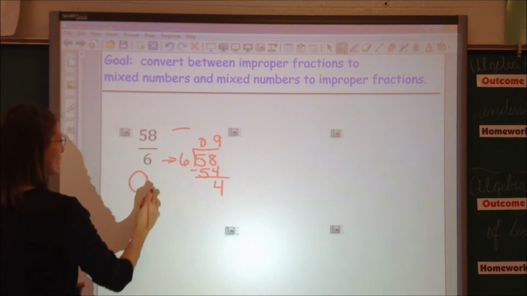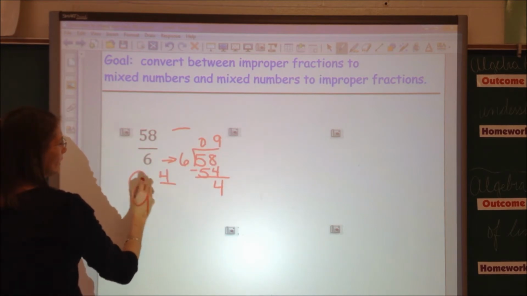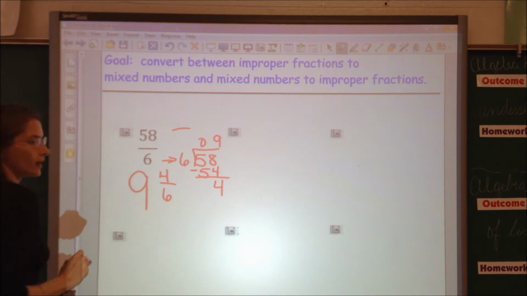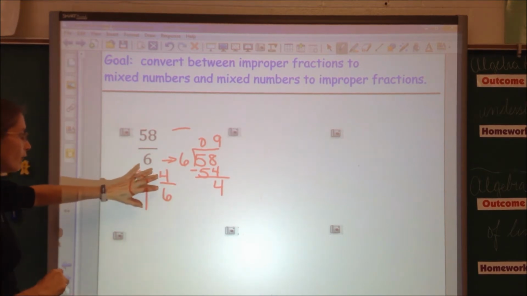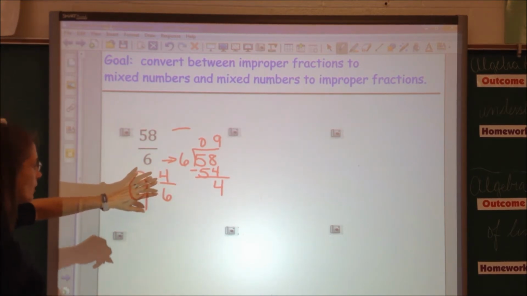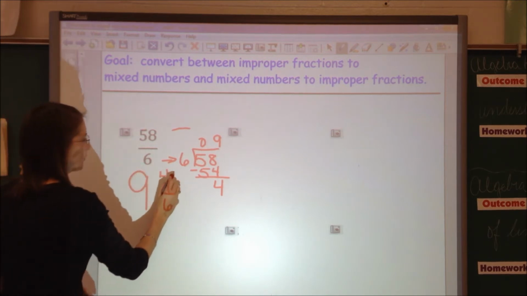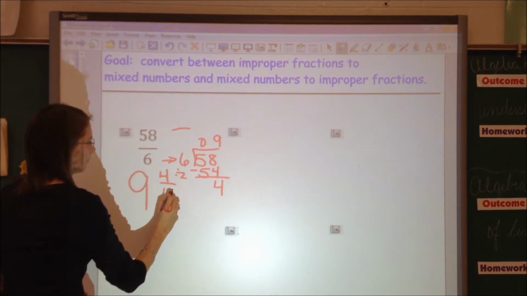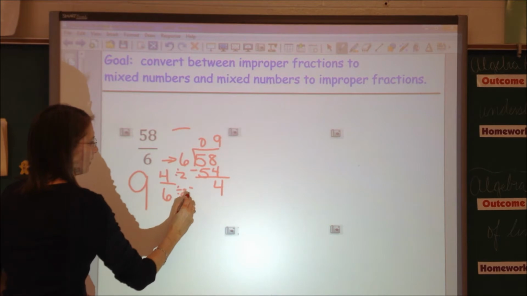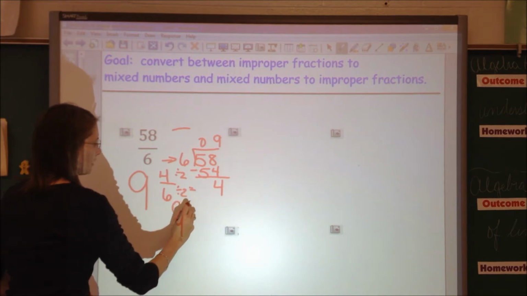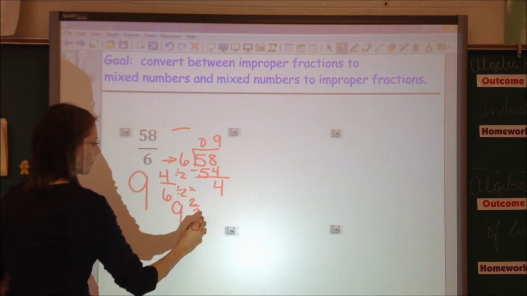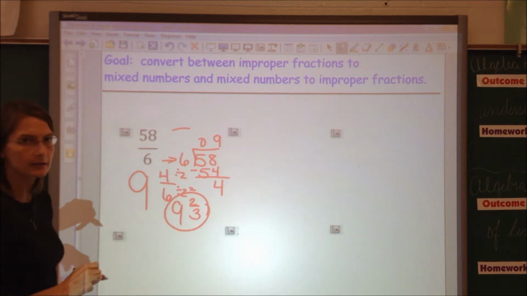I had 4 left over, and I keep my denominator the same. And yesterday in class we talked about simplifying. 4 and 2 are both even numbers, so I am going to divide both of those by 2, and I get 9 and 2/3 as my simplified answer.